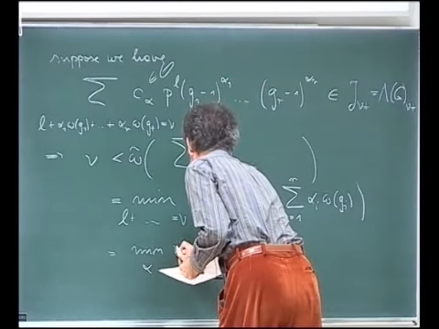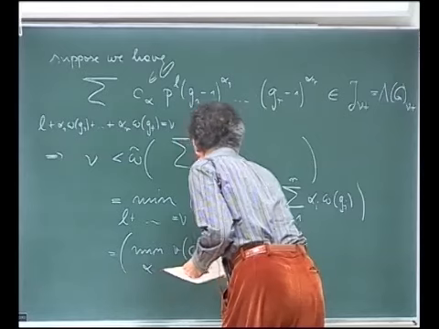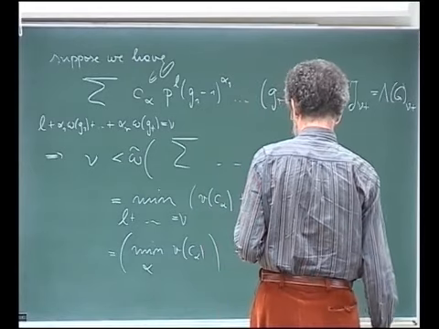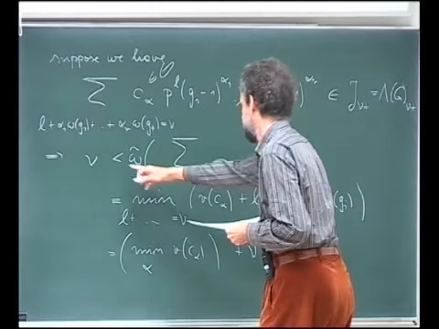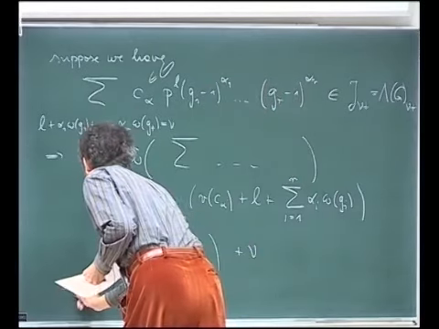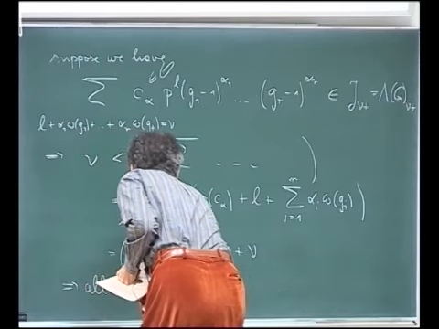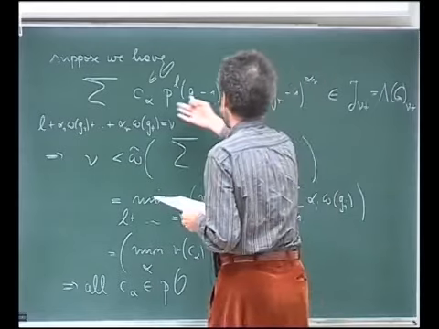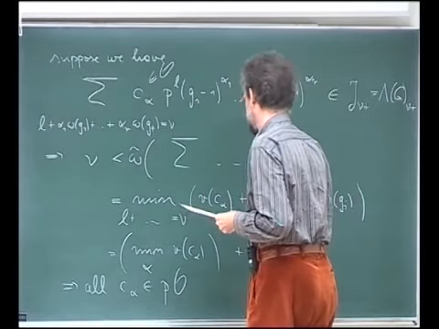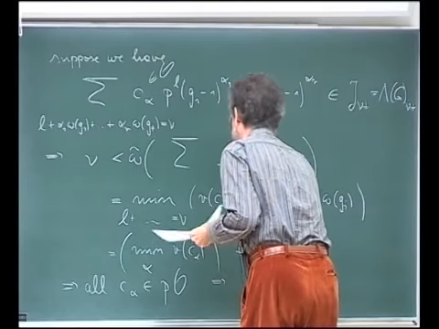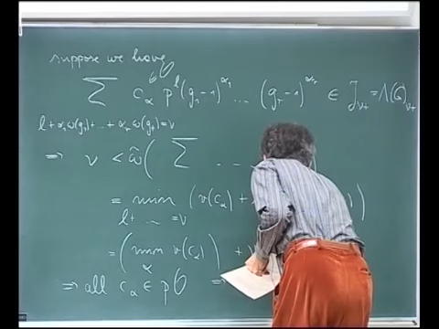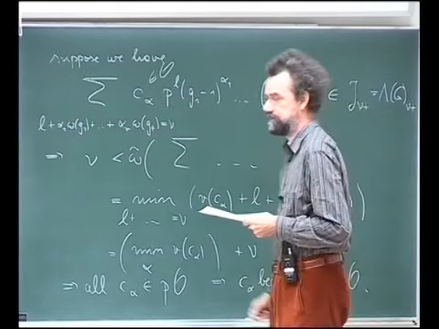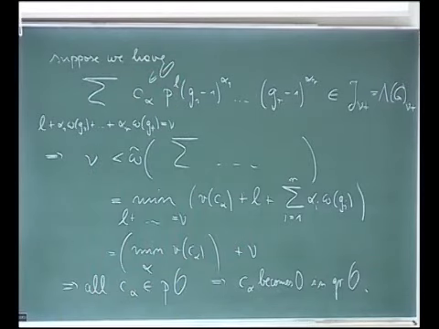So this is the minimum over all alpha, and this is always nu. So what remains is v of c alpha plus nu. But this means that, since we have strictly bigger, all c alpha lie in p times O. And so in the graded thing, for these purposes, they are 0. So somehow the c alpha becomes 0 in the quotient O mod p.